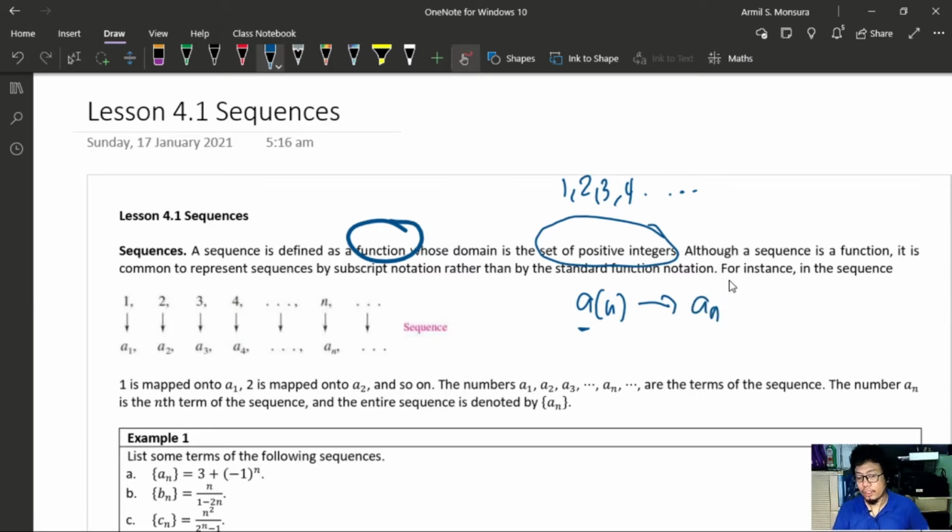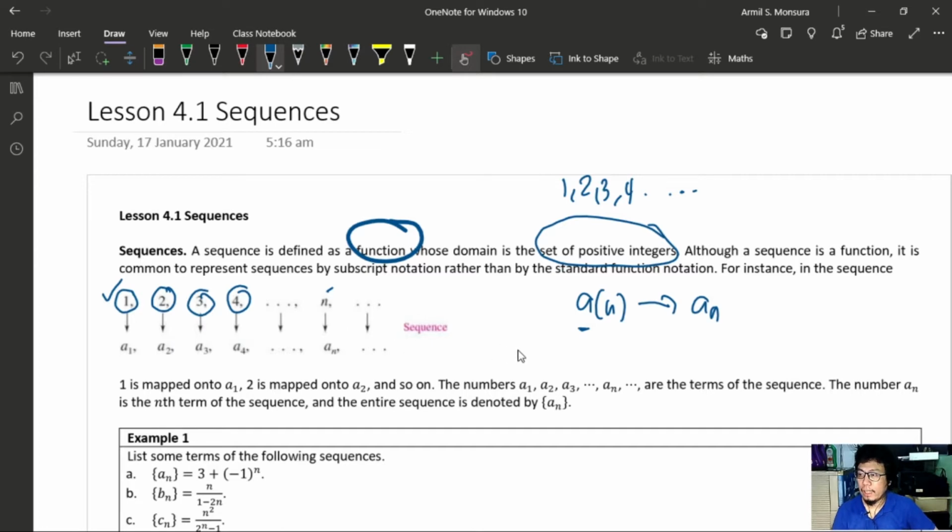This is a more traditional and conventional method of representing sequences. For instance, if you have the sequence 1, 2, 3, 4 up to n, we will map the element 1 into a1, 2 into a2, 3 into a3, 4 into a4, and so on.